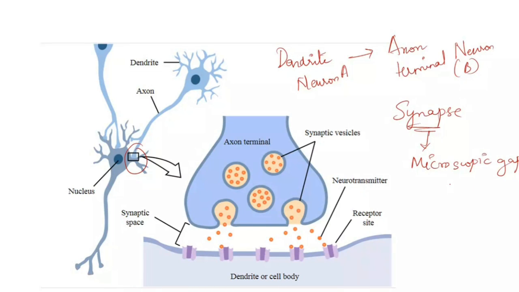Synapses are one-way valves. That is, they send the signals only in one direction. Impulses are sent only in one direction, in the form of certain chemicals.